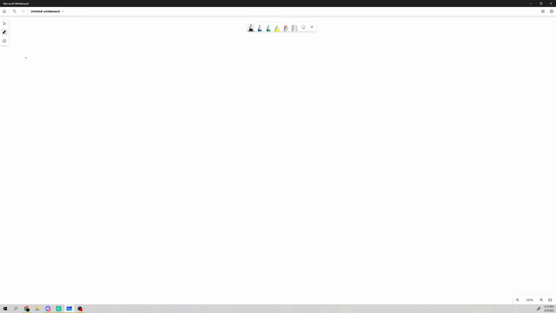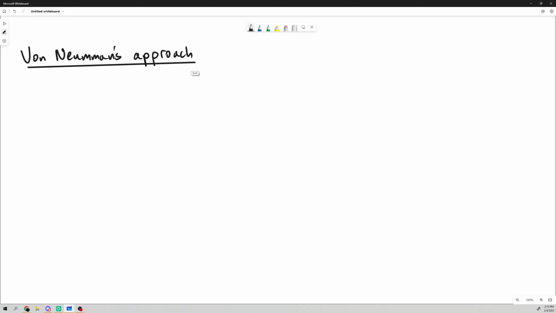So, von Neumann's approach. I'm going to do a definition, and it's going to be about reducing subspaces. Given an operator T from H to H, this is just a linear operator on a given Hilbert space.